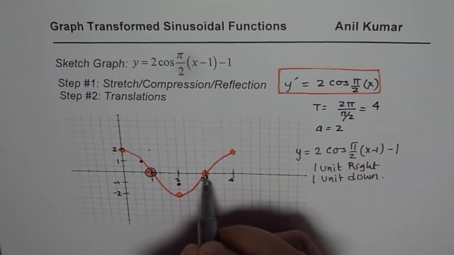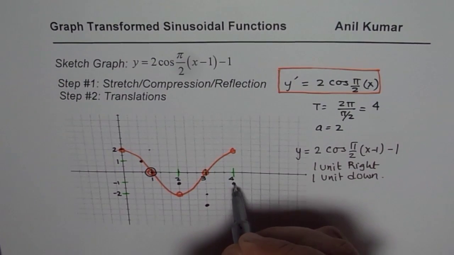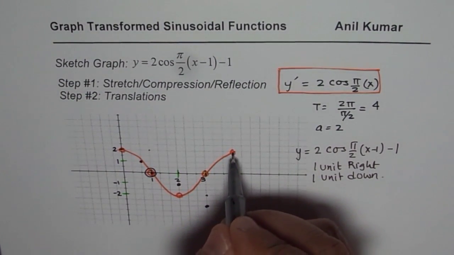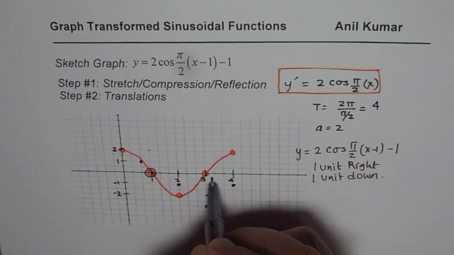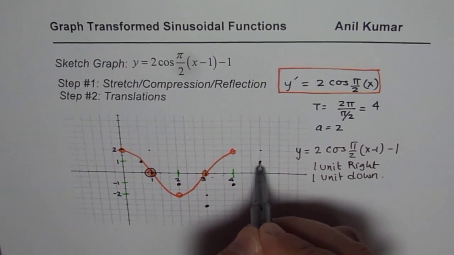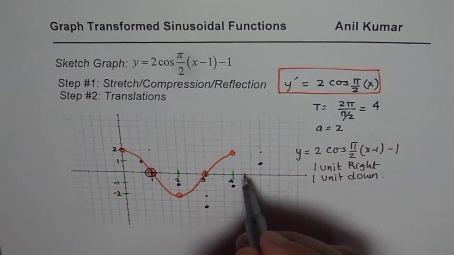And for this, 1 unit right, 1 unit down will mean minus 1 for us. And from 2, we have to go 1 unit right, that means we'll go to 5, and then 1 unit down. There you go. So that is the final graph for us.